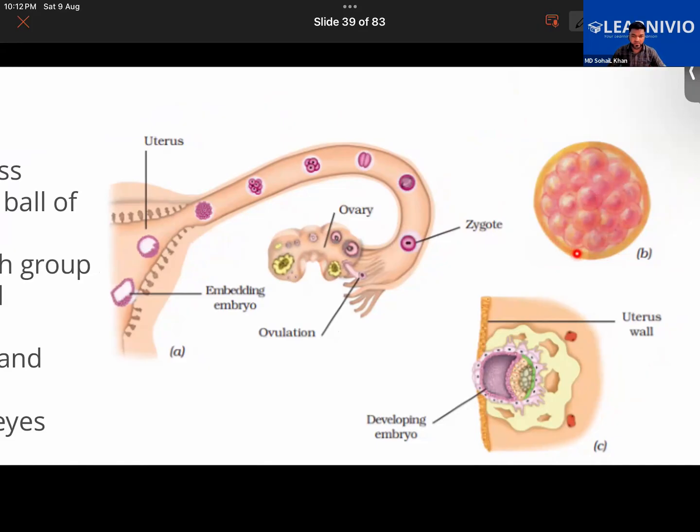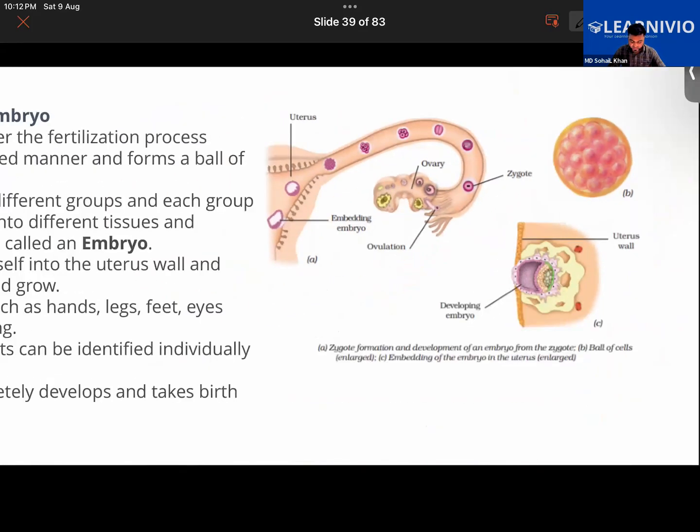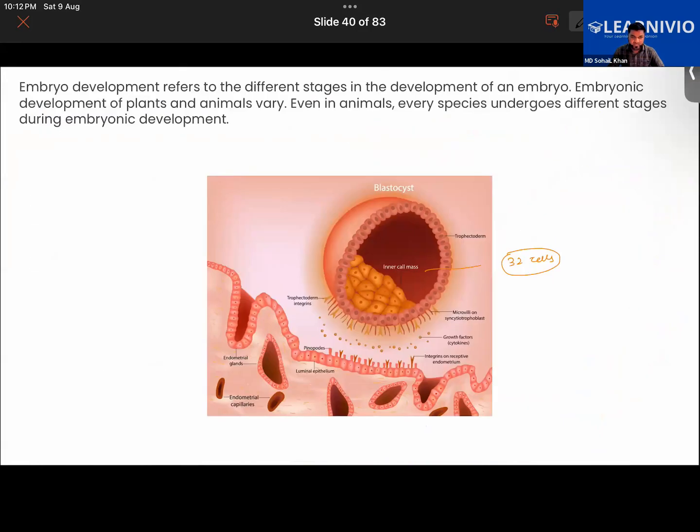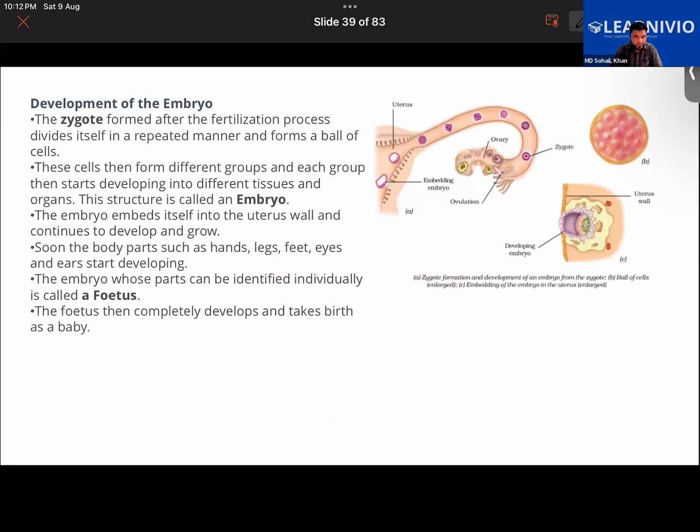At the 32-cell stage it's called a blastocyst, although you don't have to memorize this term. So the zygote divides itself in a repeated manner and forms a ball of cells.